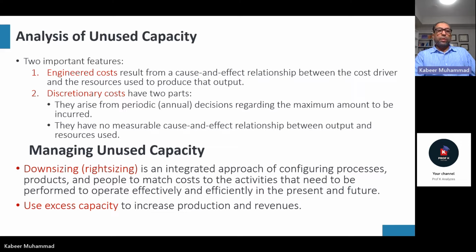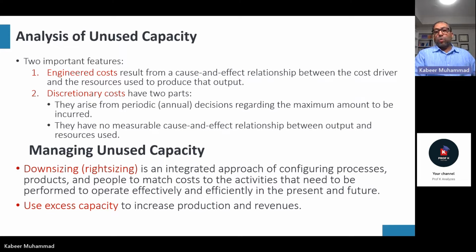So, use excess capacity to increase production and revenue. So we can either downsize or we can increase our output so that we can utilize our capacity. This is all from the theoretical or discussion point of view.